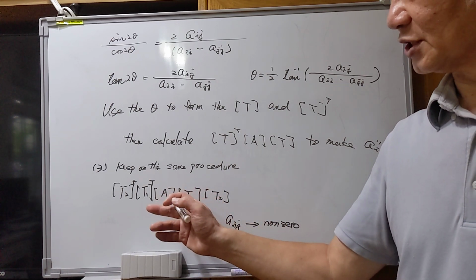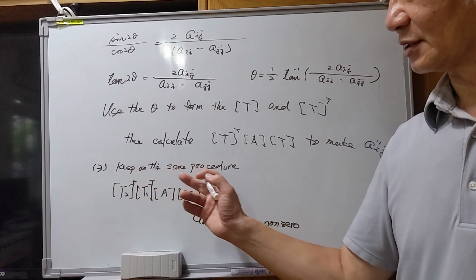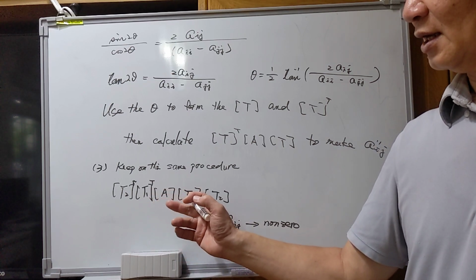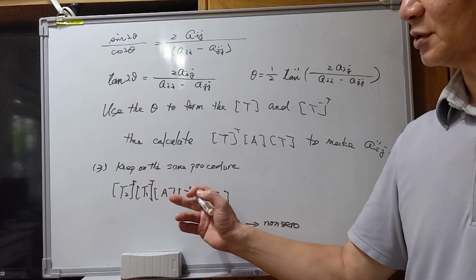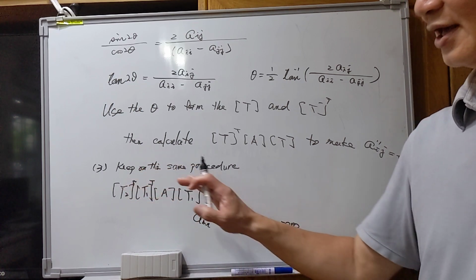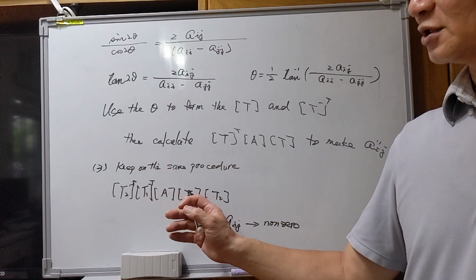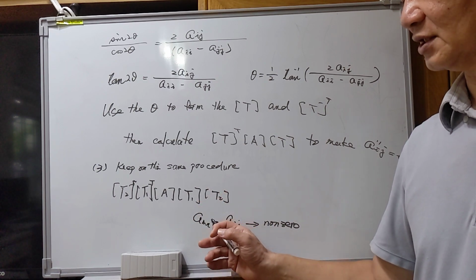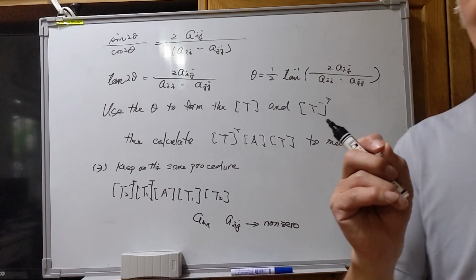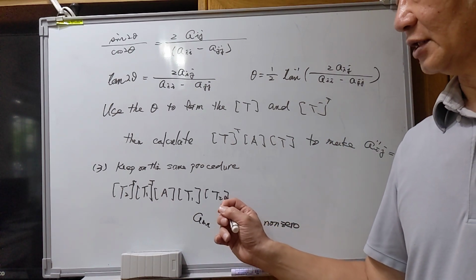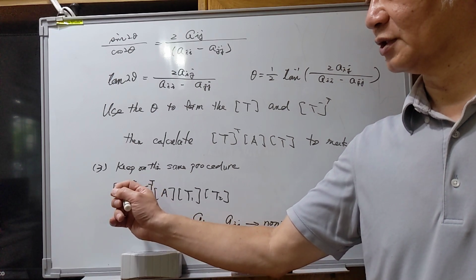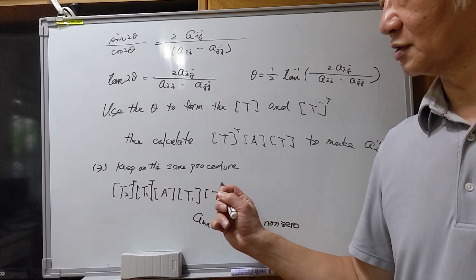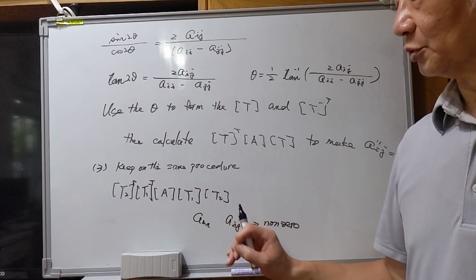So the A_ij element, which is the maximum absolute for the original A matrix, we made equal to 0 after T1 transpose A T1. In the second step, we find A_mn, which is the maximum absolute, and we do T2 transpose times the current matrix post multiplied by T2.